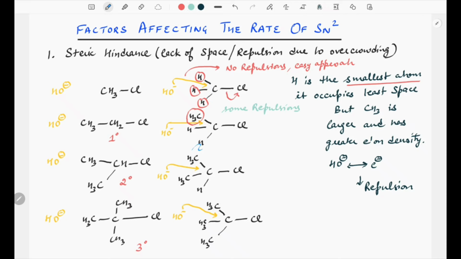In case of secondary, now there are two CH3 groups, greater repulsions, so this hydroxide OH will face difficulty to reach carbon.